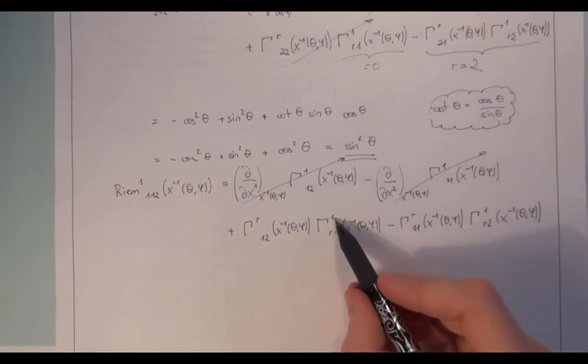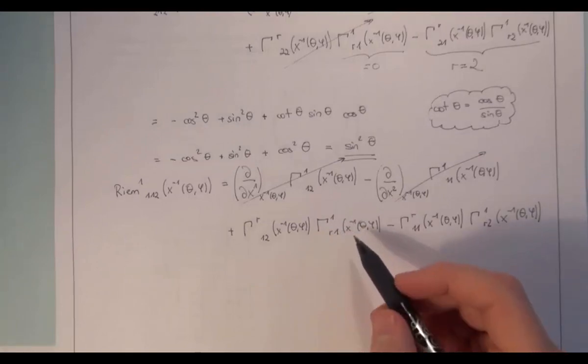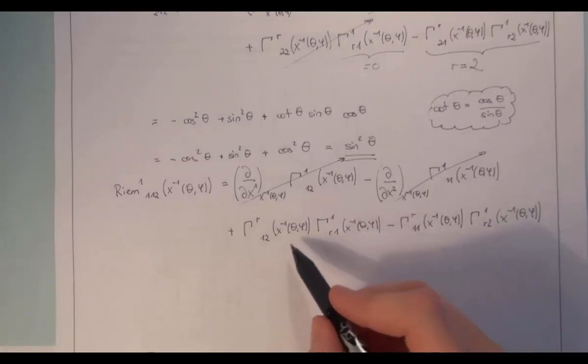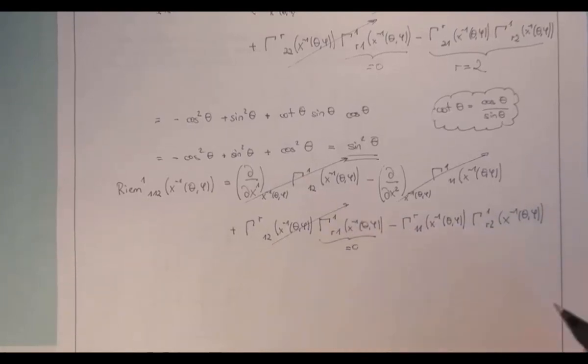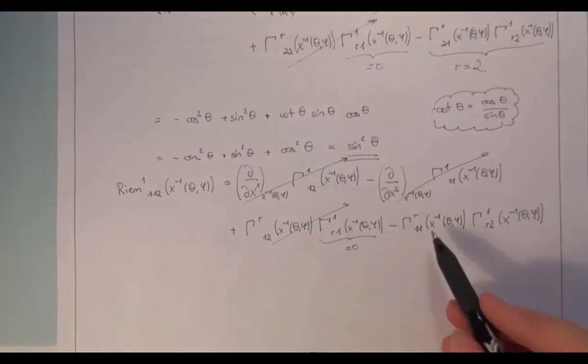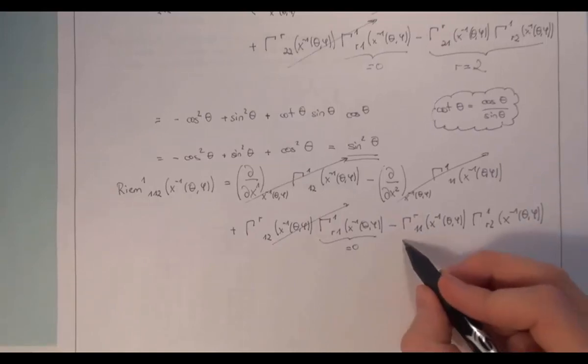Here we again get a term gamma 1, R, 1, where we see this also vanishes independently of any R, so this term is gone since this is 0. And here we have a gamma with two 1s in the lower indices.